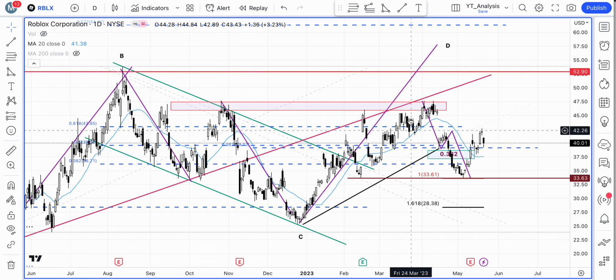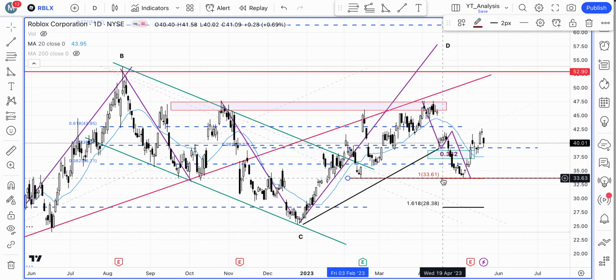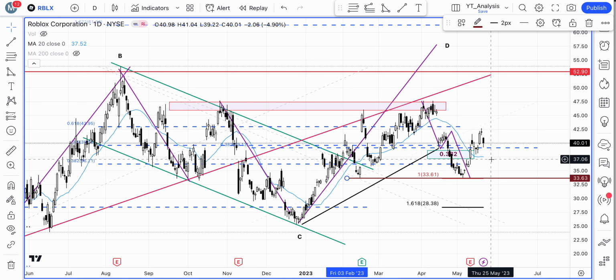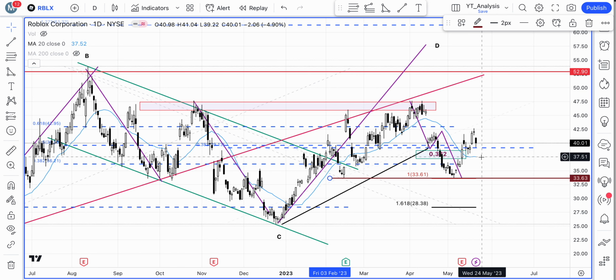One of the key things when the price in fact did move lower was that it formed this ABCD one-to-one formation right here, forming a double bottom. Price has had a good rally from a momentum perspective. Shorter term, it's also trading above the 20 period moving average, which is a shorter term positive momentum thing for the stock.